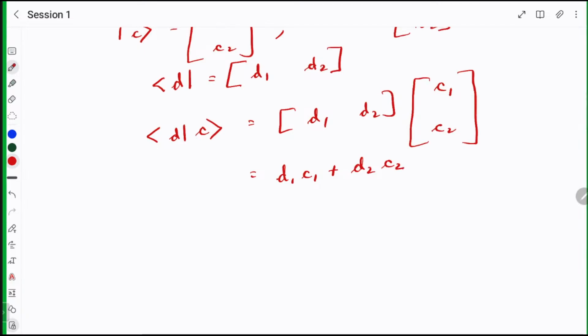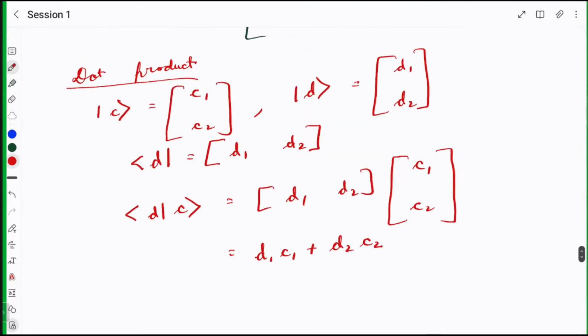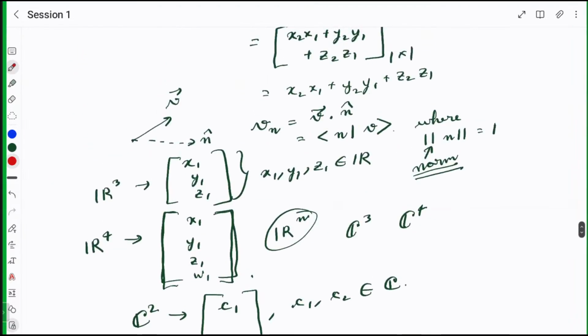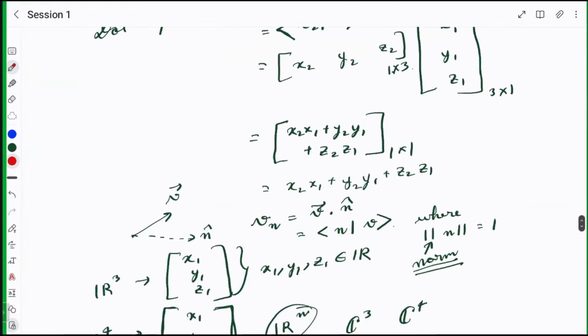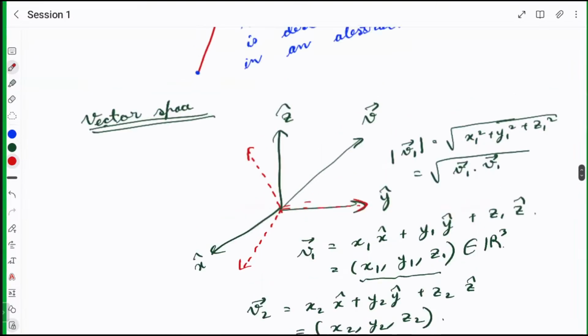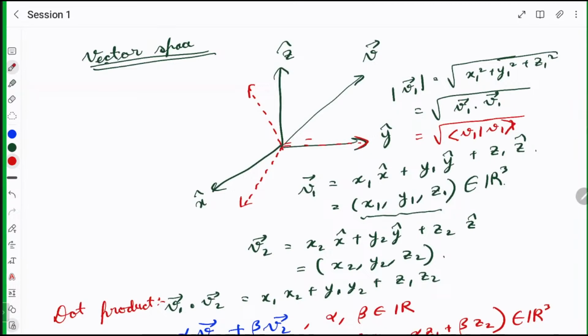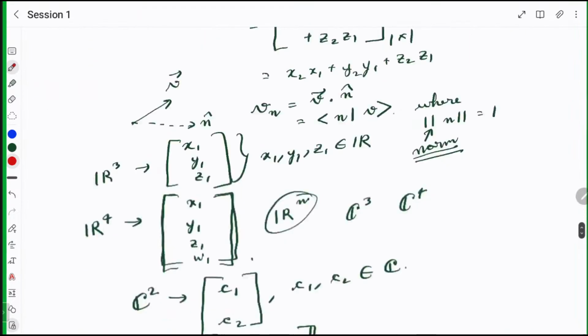Okay. So now remember how we described the magnitude of a vector in our real space? It was like v1 dot v1. So basically it was like root over v1 v1. And what we would like to do is describe the length or the norm, as I said, the generalized version of a length.